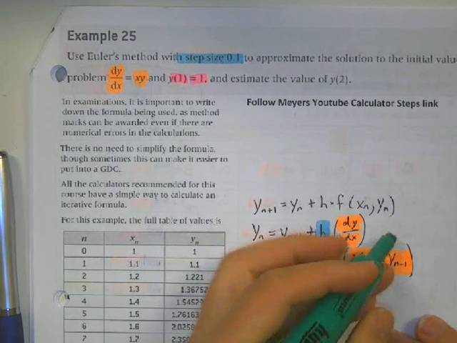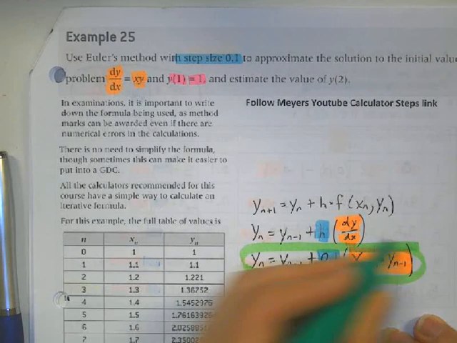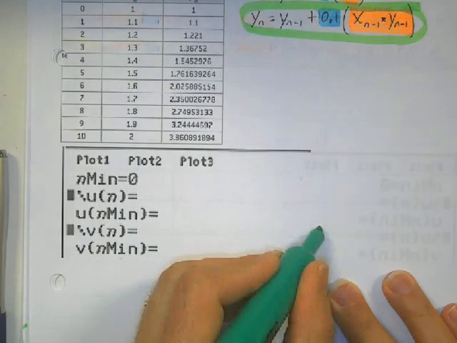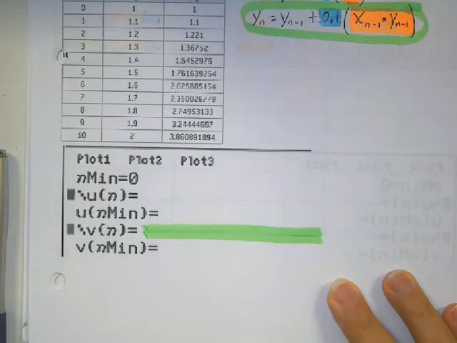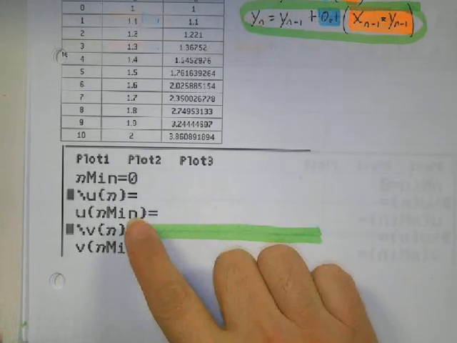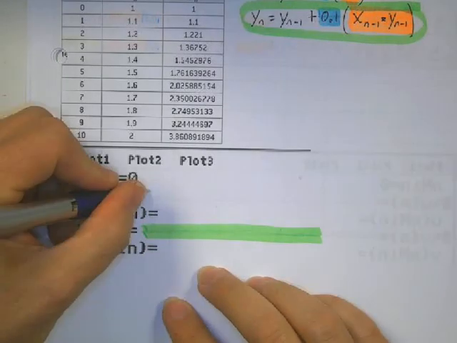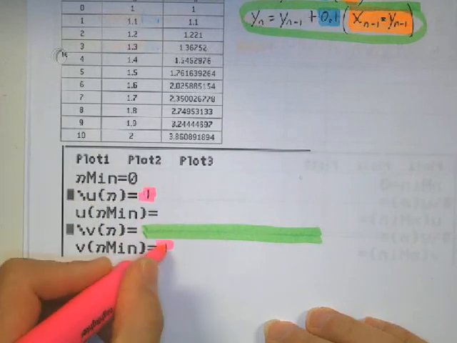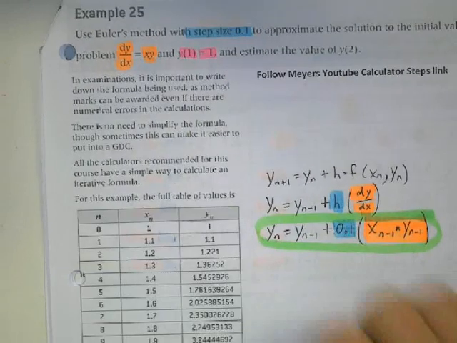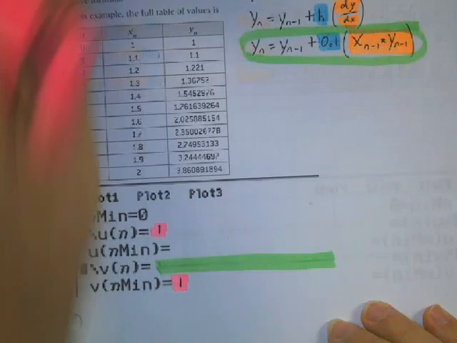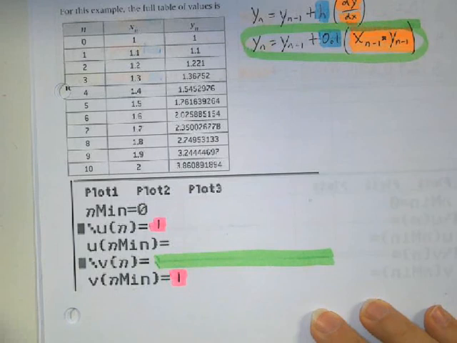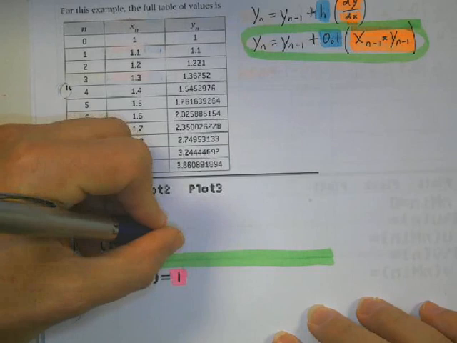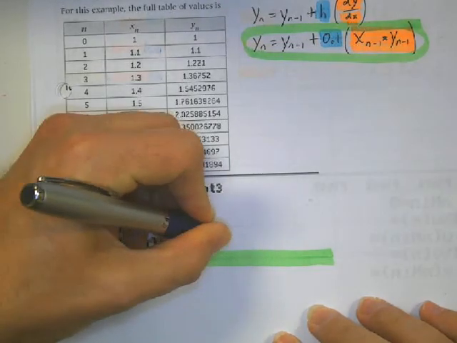Okay, so now we have everything we need. This is going to go in this line right here. Here is my starting point. We know it's 1 and 1 for the x value and the y value. And then this is going to be u of n minus 1 plus 0.1.